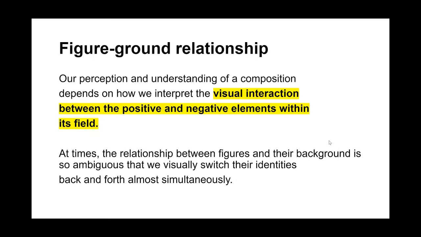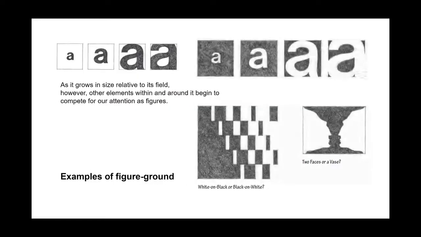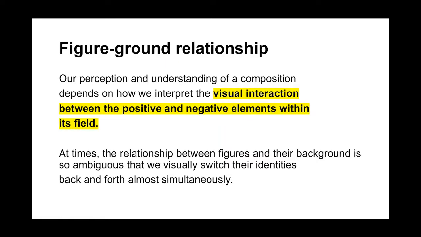Okay, so figure ground relationship. Our perception and understanding of composition depends on how we interpret the visual interaction between the positive and negative elements within its field. This is one good example of how to interpret that. It depends on your visual interaction, how you perceive these figures.